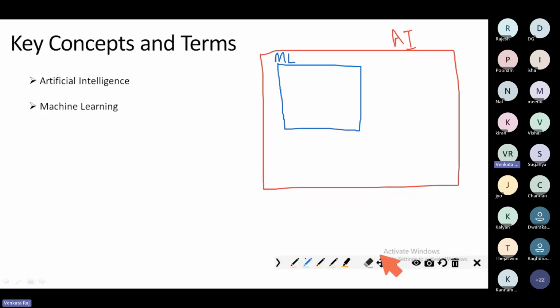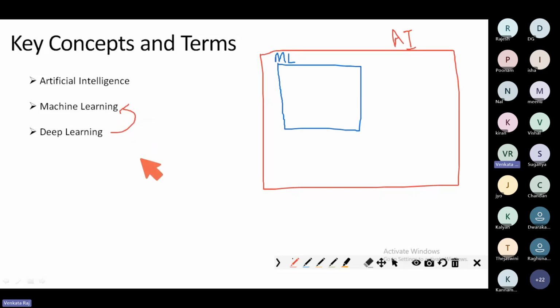The next term in the field of AI is deep learning. Okay, deep learning. Now, what is this deep learning? Deep learning is a subset of machine learning, guys. Deep learning is a subset of machine learning.